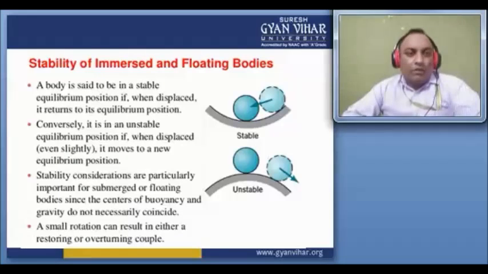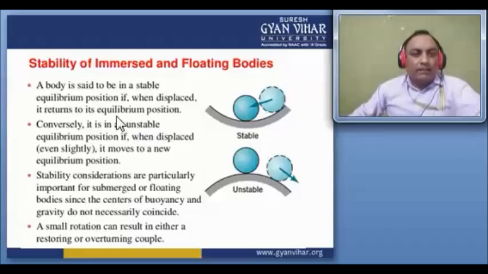A body is said to be in a stable condition if, when displaced, it returns to its equilibrium position. Suppose this is an example of a ball. If I take this ball and drop it from this position, after some disturbances it can attain one fixed position, the same position.